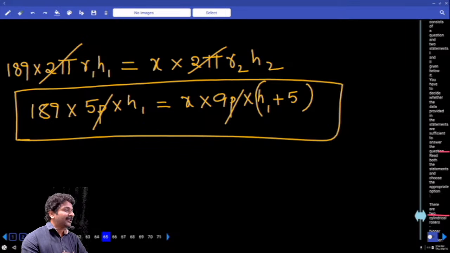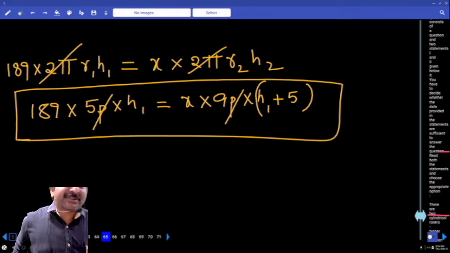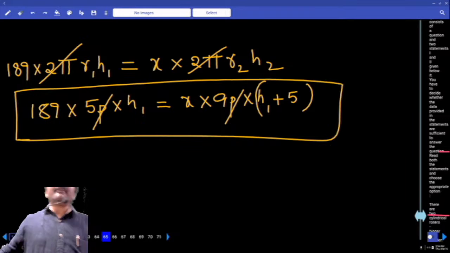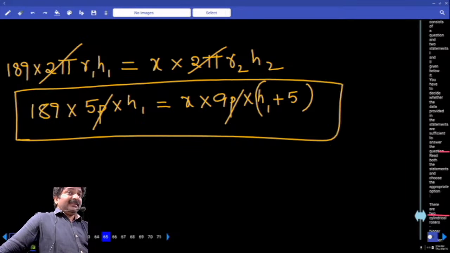So is it possible to get X value? No. Answer? Both the statements together also not sufficient to answer the question. If you also have height of the first, length of the first roller, yes, definitely we will get the answer. Because there is only one equation and 2 variables, we cannot solve the question. Okay now? Yes.